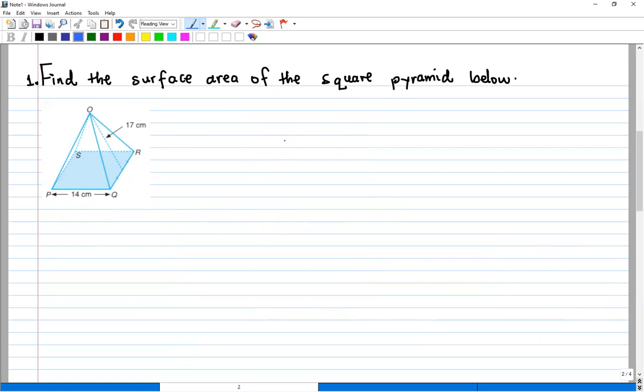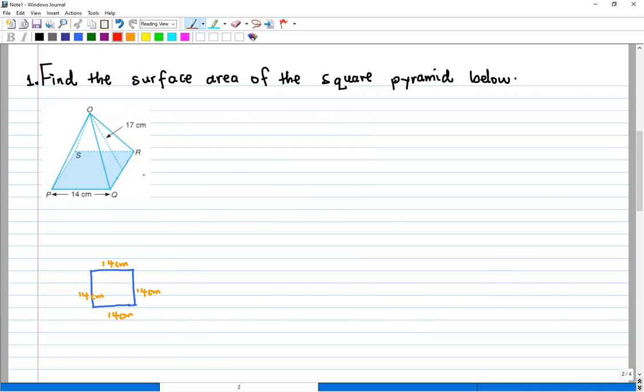If we try to come up with its net, let me come up with a sketch of it. We are going to have a square that measures 14 centimeters, 14 centimeters, and 14 centimeters.